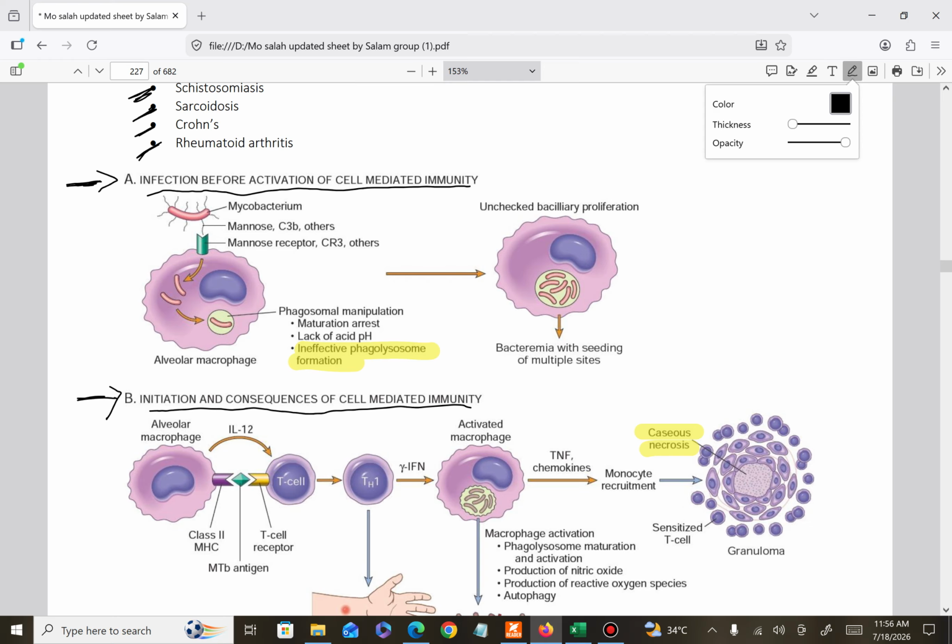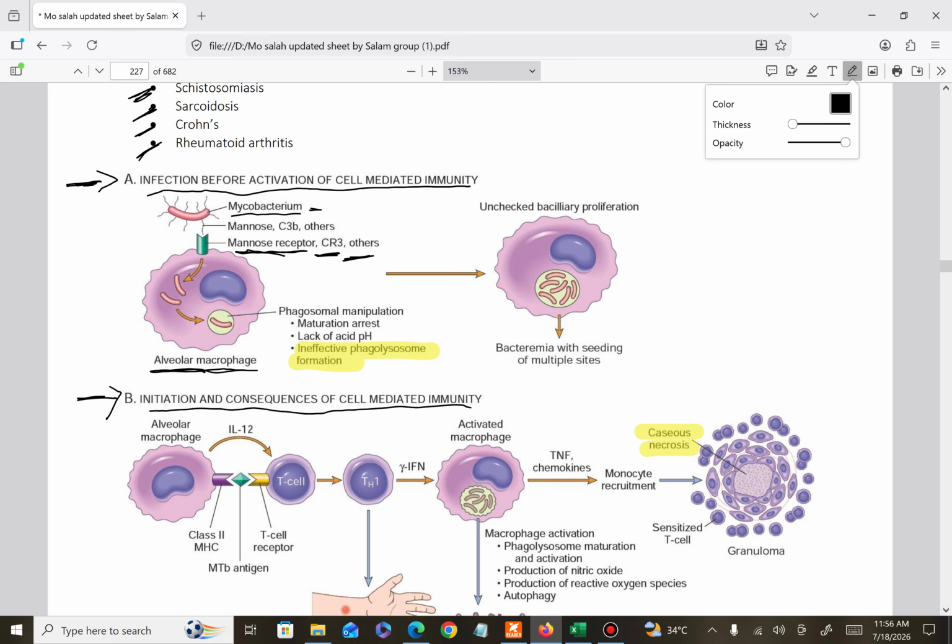Before activation of cell mediated immunity, the mycobacterium is inhaled and enters the respiratory tract. Then the alveolar macrophage binds the mycobacterium through receptors, which are mannose receptors, CR3, and some other receptors.